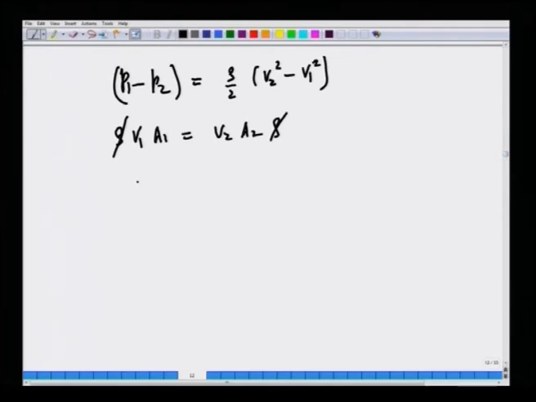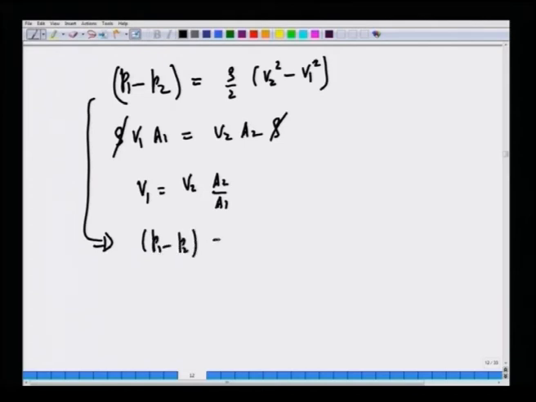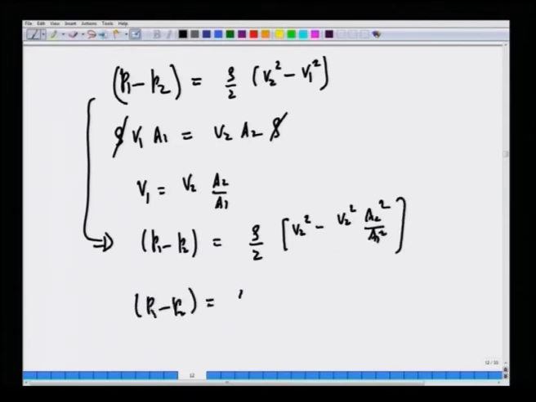So, you can write V1 as V2 times A2 by A1, so that this equation becomes P1 minus P2 is rho by 2 times V2 squared minus V2 squared A2 squared by A1 squared, or P1 minus P2 is rho V2 squared by 2 times 1 minus A2 squared by A1 squared.